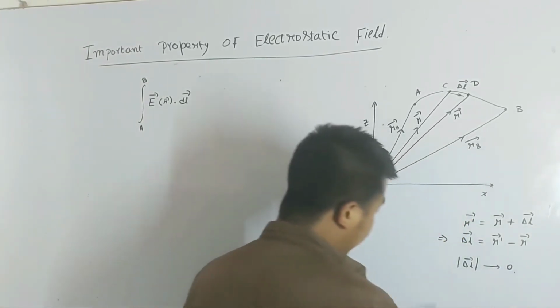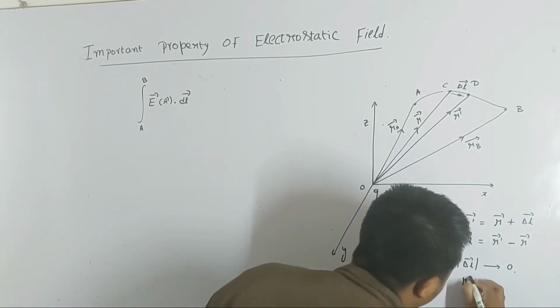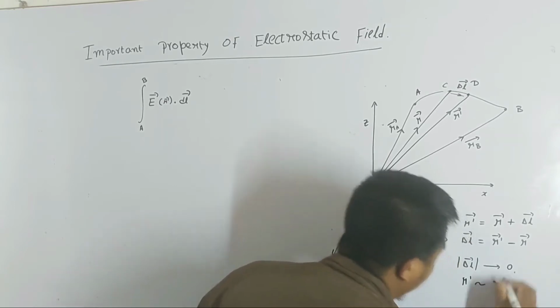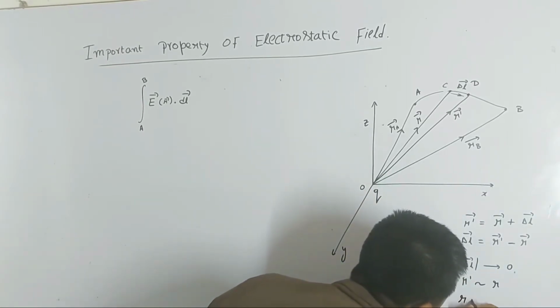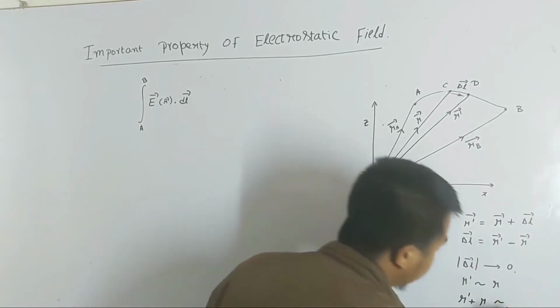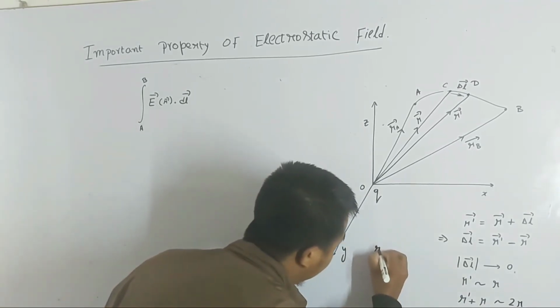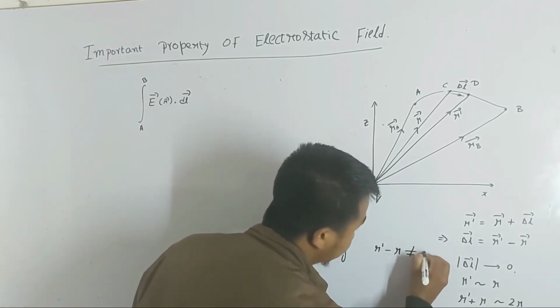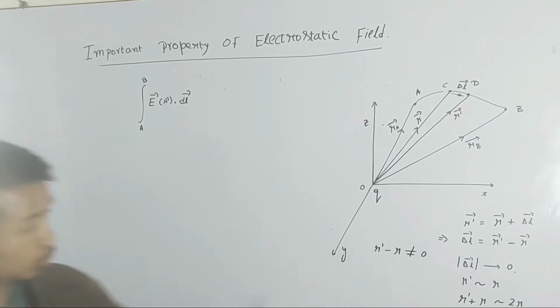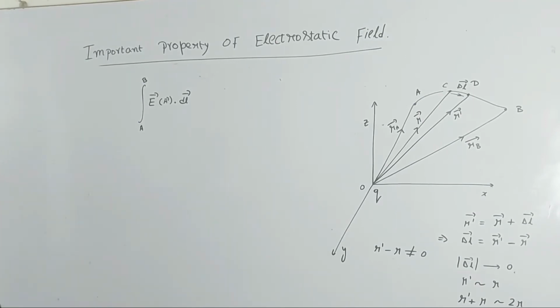If mod of delta L is tending to 0, it means R dash is approximately equal to R. In that case, R dash plus R is approximately equal to 2R. But it should be noted that R dash minus R is not equal to 0. Remember that, we are going to use this in our discussion.